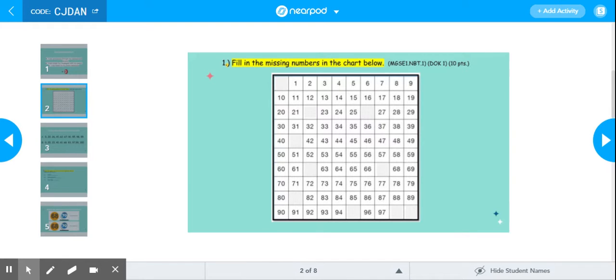Write down the numbers that are missing. You can use your whiteboard and dry erase marker and write it down. You can try and memorize what's missing, but I suggest that you write it down.